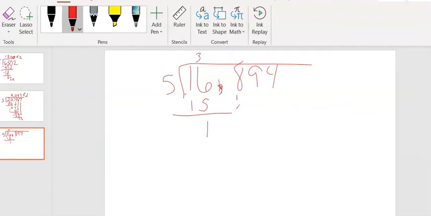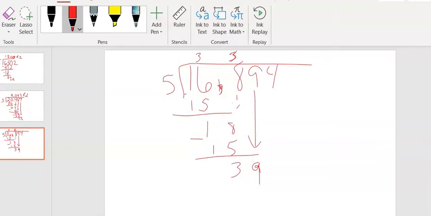We bring our 8 down, and we look at how many times can the 5 go into the 18. It can go in there also 3 times, right? Because 3 multiplied by 5 is 15. So that will be 3, and we bring down our 9. Now we have 39. 8 times 5 is 40, right?